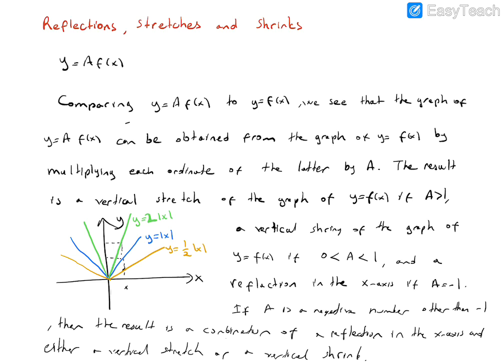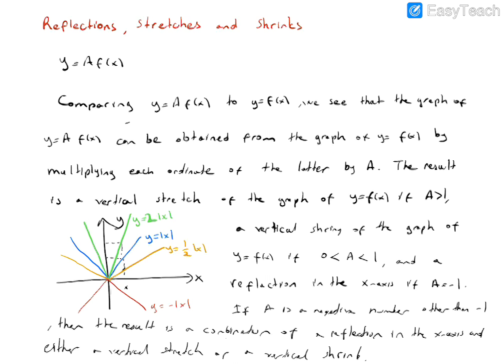Okay, so let's consider this reflection. For example, minus 1 times absolute value of x. If you multiply by minus 1, you obtain this graph. So this is y equals minus absolute value of x.